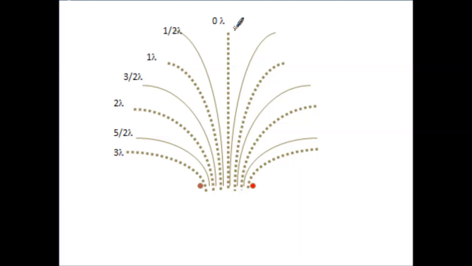Here it is again, talking about how much out of phase they are. As you go further away from the central antinodal, the out of phaseness becomes bigger and bigger.